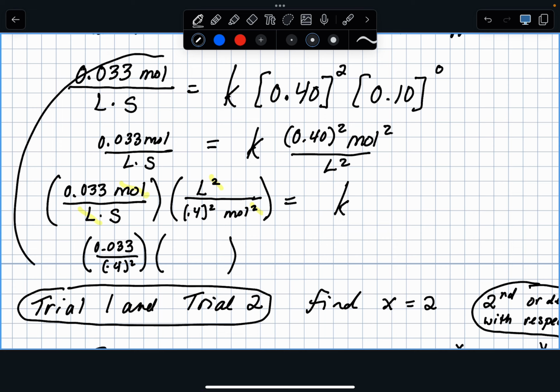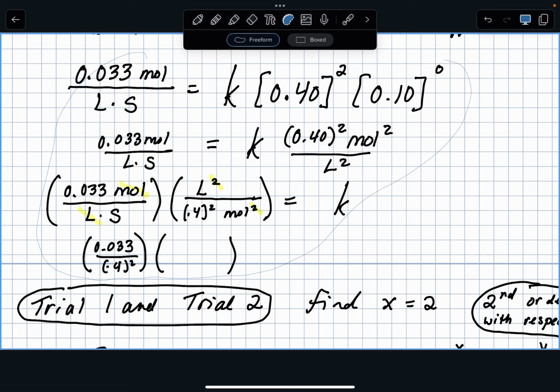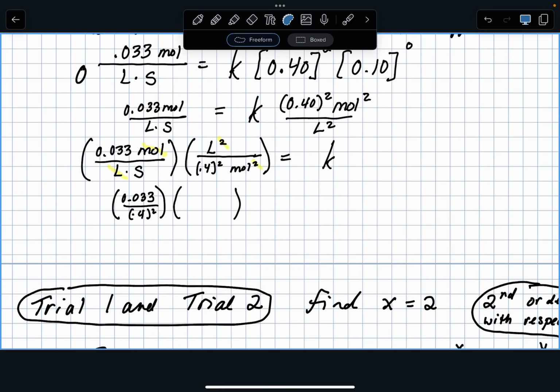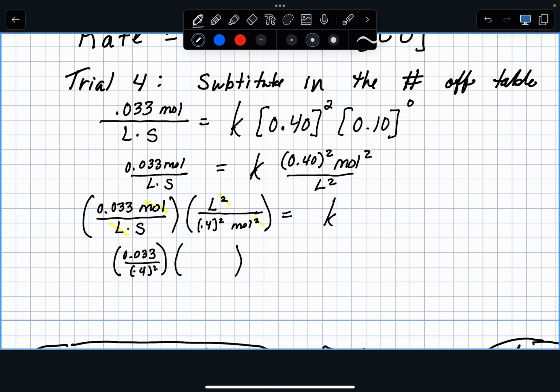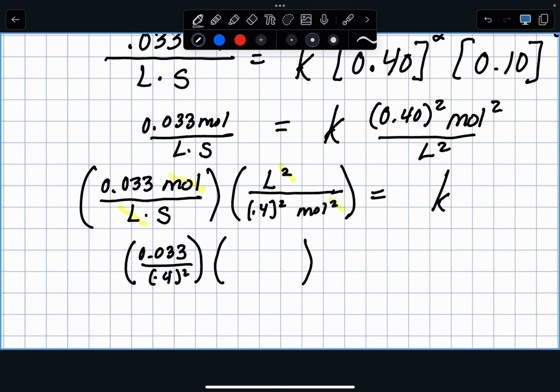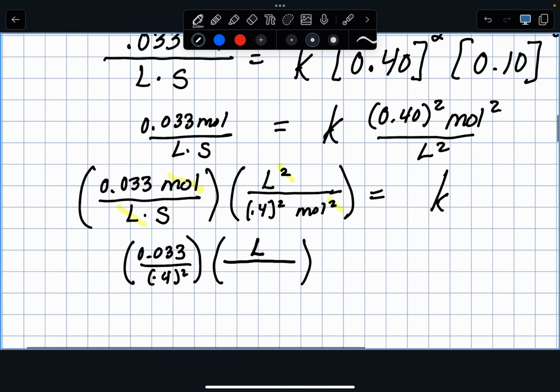I'm just going to slide this whole thing up a little bit here, just so that this isn't on that line. And then we're going to have liter left in the numerator, mole left in the denominator, and then second also left in the denominator.